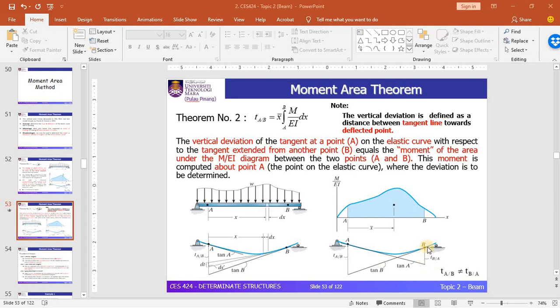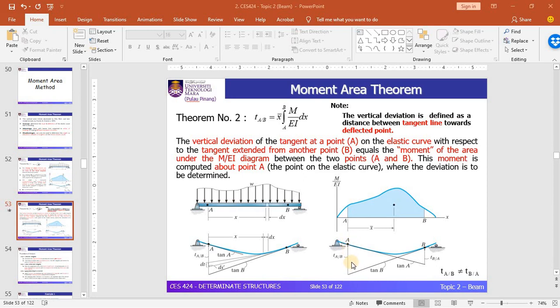So I can say that this is the vertical deviation for point A, and this is the vertical deviation for point B. Basically, the vertical deviation can be defined as the distance between the tangent line and the deflected point. What you can see here is the tangent line, and this is the deflected point.